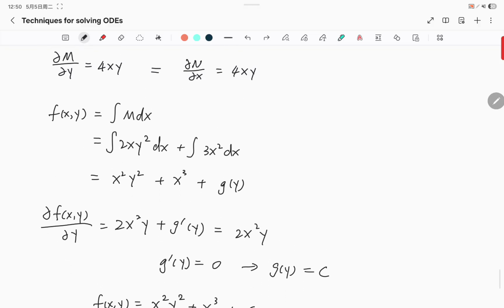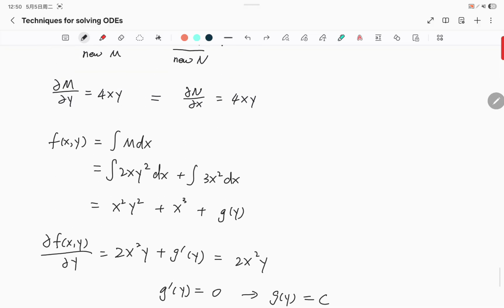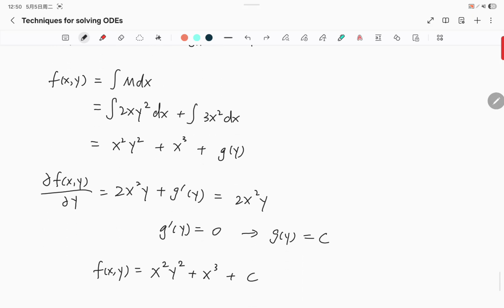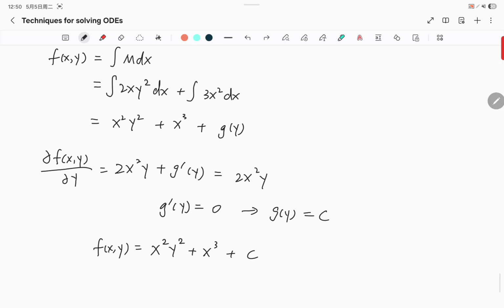And then after you got this, you do f of x y is equal to the integral of M dx. Don't forget to add g of y and then do the partial derivative with respect to the other unknown, which is y, because we just did dx here. So the other one is dy.